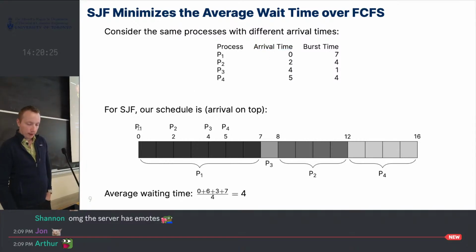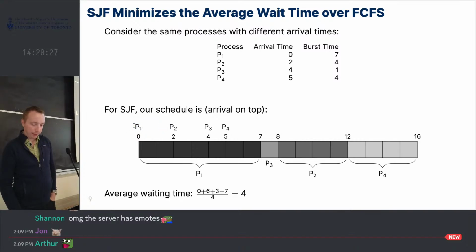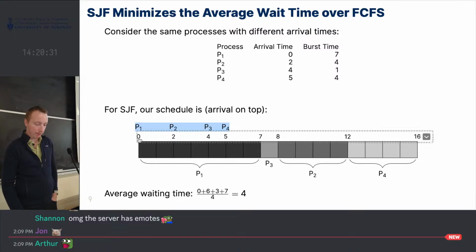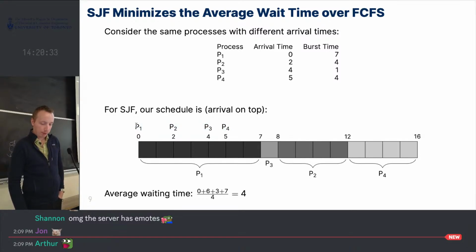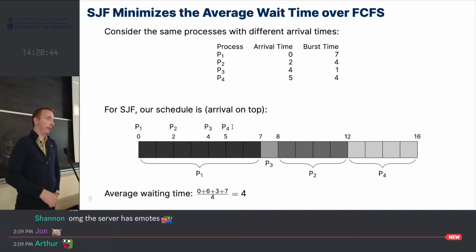On the top, just to make things easier, I put their arrival times. At time 0, P1 arrives. At time 2, P2 arrives. At time 4, P3 arrives. And at time 5, P4 arrives. Those are our arrival times on top, and our algorithm is shortest job first.